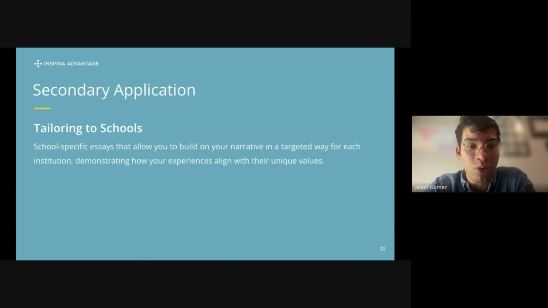Every school will have its mission on its website, and will give you keywords, whether it's research and innovation or education, that you can use to see how your narrative plays to those strengths. Target those schools to show that your experience is aligned with what they're looking for, that you share the same values or interests, and that will make your secondary application stronger as well.